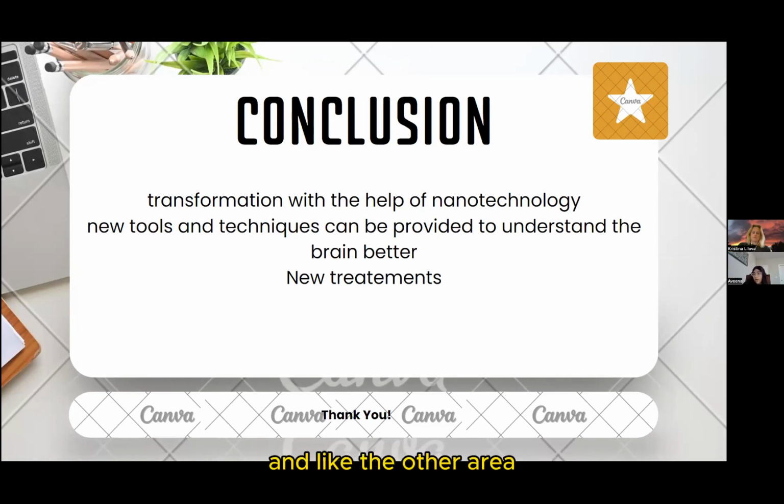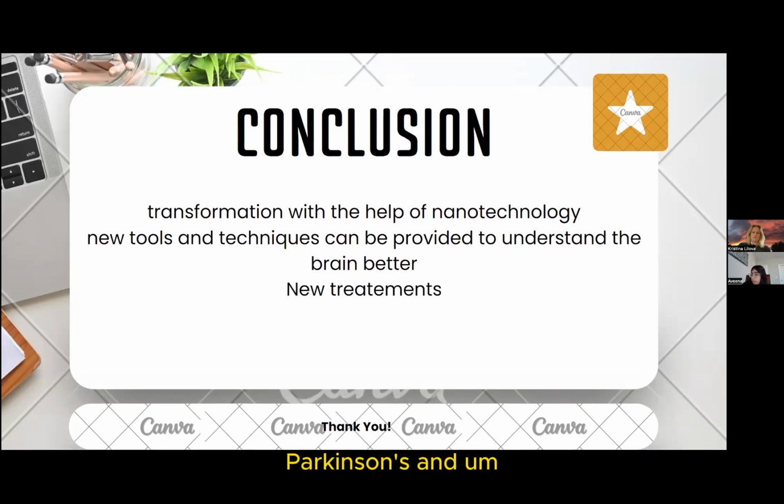And the other area where nanotechnology is being applied in neuroscience is the creation of drug delivery systems, which can target specific regions of the brain, which allows for more precise and effective drug delivery, which could help, as I previously mentioned, treat these major diseases such as Parkinson's and Alzheimer's.